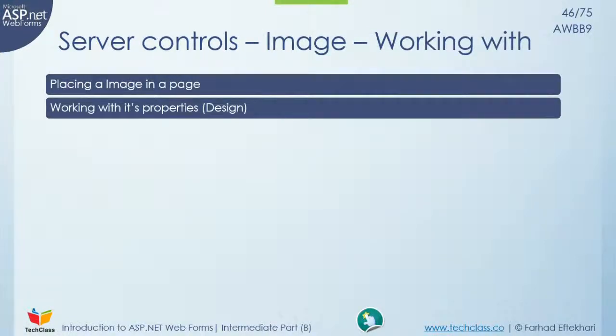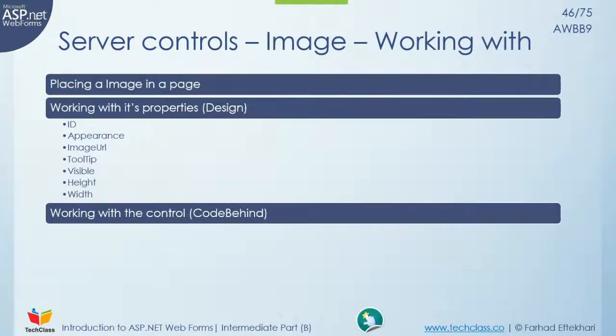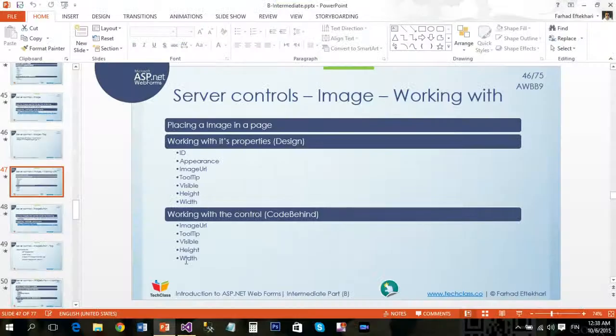We're gonna place an image control in a page, and then work with properties in design and code behind section. As you can see here, also there are some familiar properties. Image URL is new, height and width is new, so we're going to get familiar with them and work with them as well.